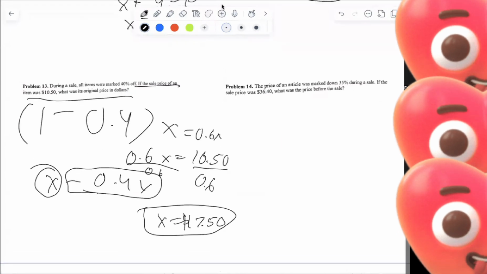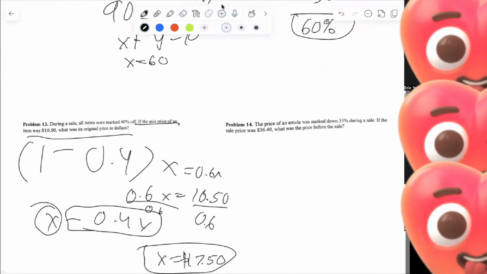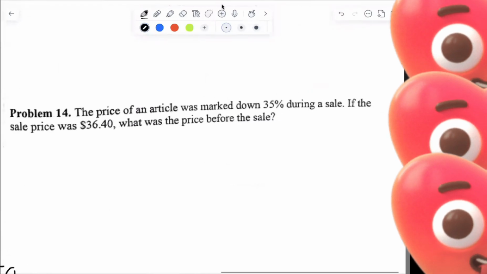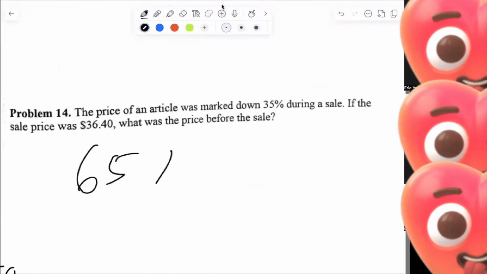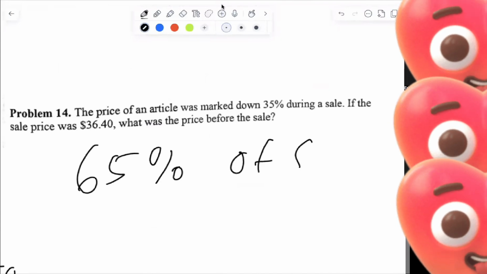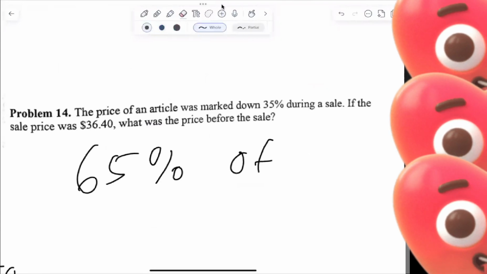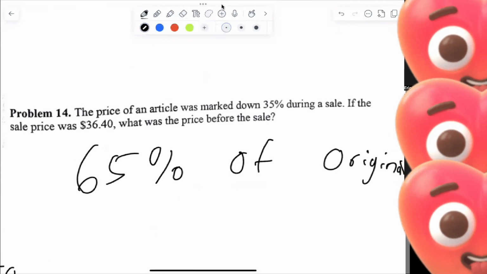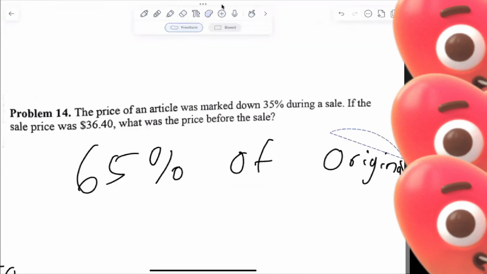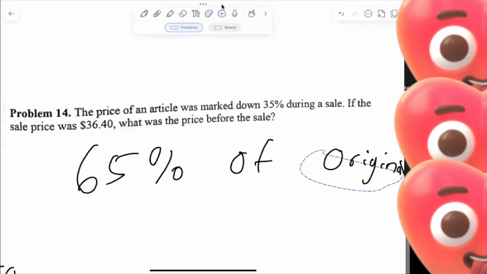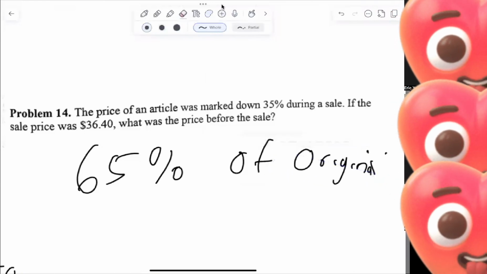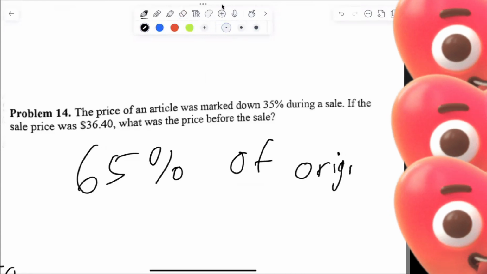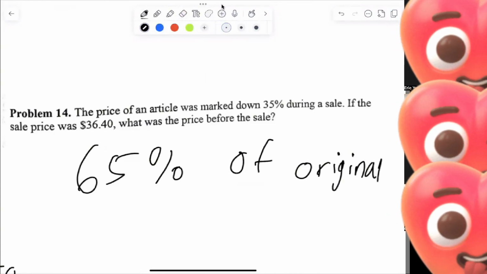Alright, let's move on to problem 14. The price of an article was marked down 35% during the sale, meaning that it's 65% of the original.